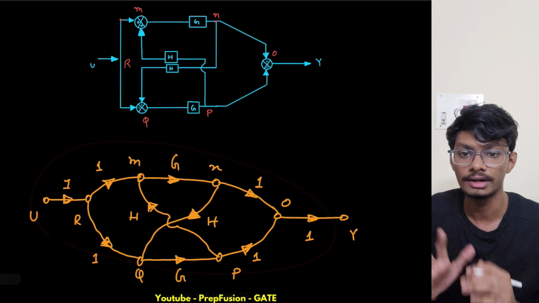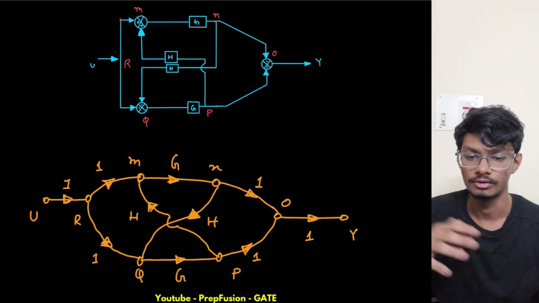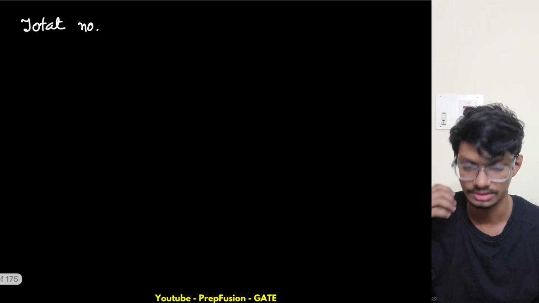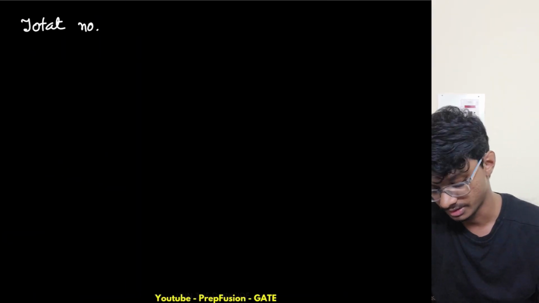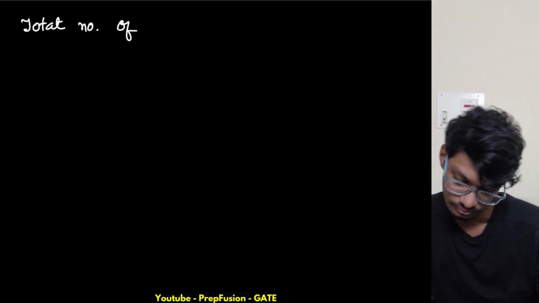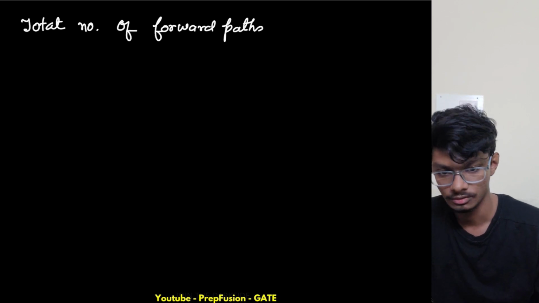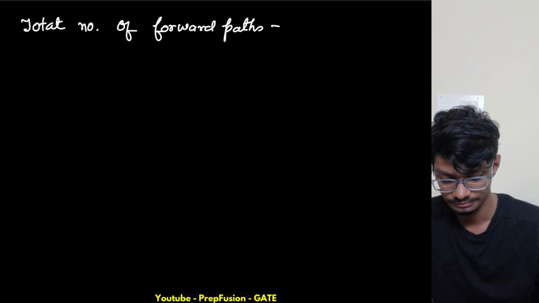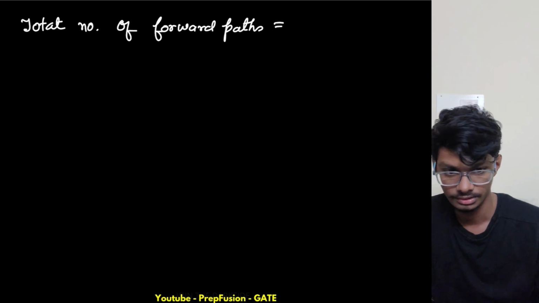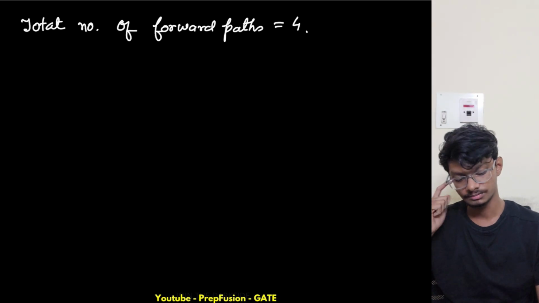You can't directly solve it by just writing the formula; you have to solve it slowly, so be careful with a big SFG. Total number of forward paths simply equals 4.